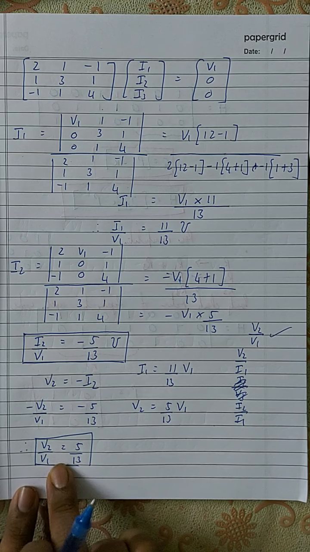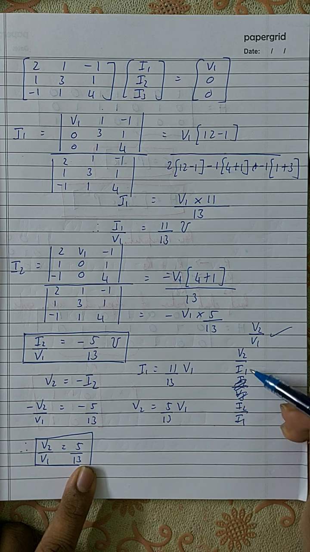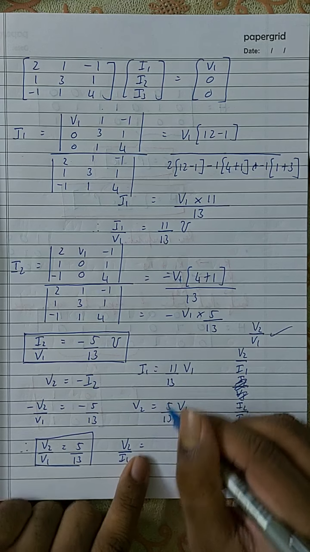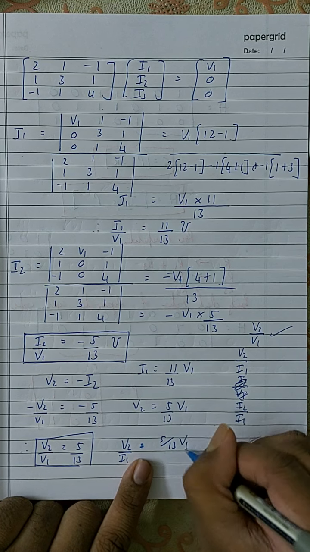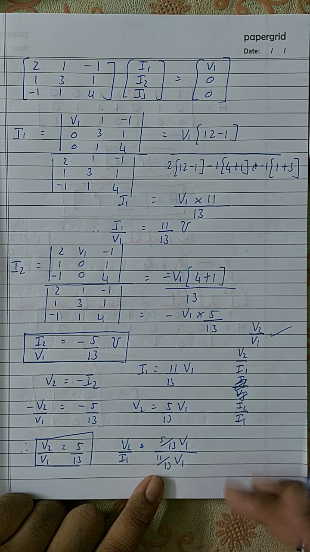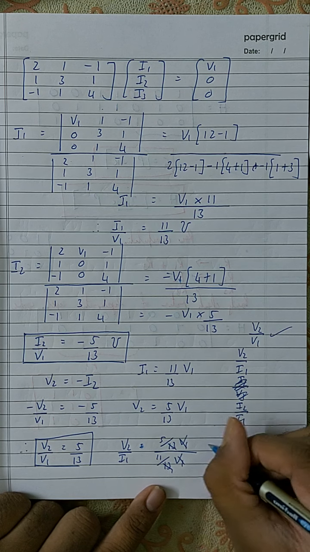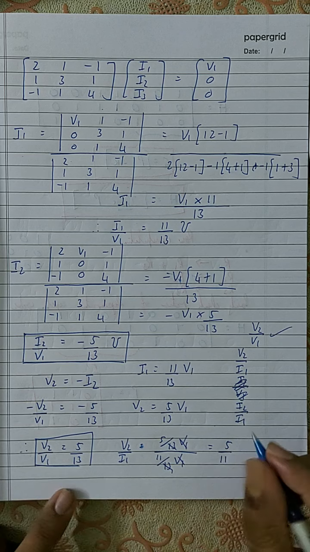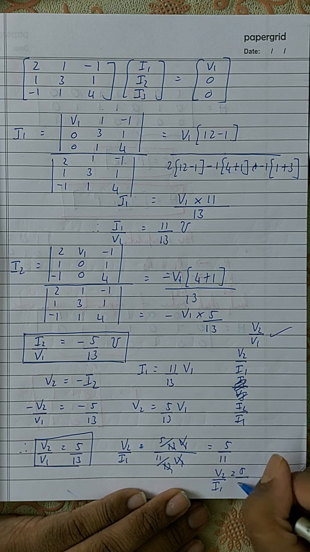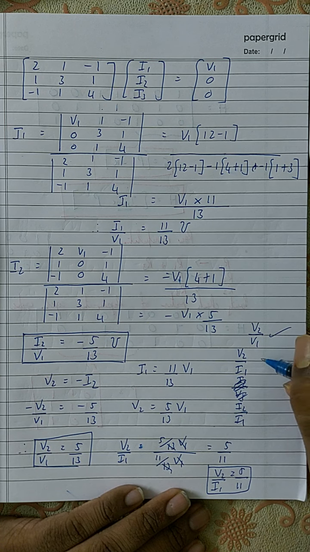Therefore, V2 by I1 is equal to 5 by 13 V1 divided by 11 by 13 V1. The V1 will get cancelled, and the denominator 13 and 13 will get cancelled, and you will get 5 by 11. So V2 by I1 is equal to 5 by 11. We found that also.